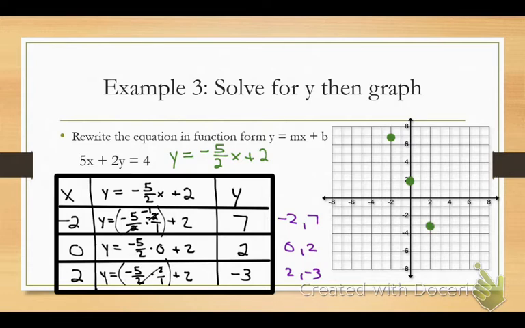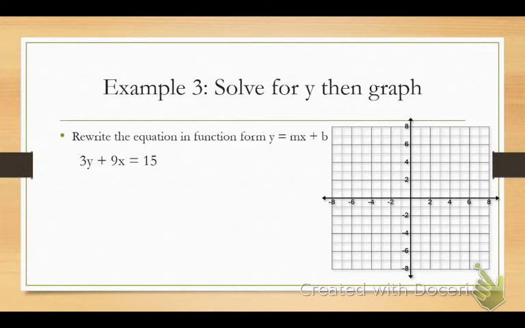And again, there's your straight line. Straight line all the way through. And you have graphed your linear equation. Okay, so we had to get it in function form, then we had to make our table, then we graphed. That's all the concepts now coming together.